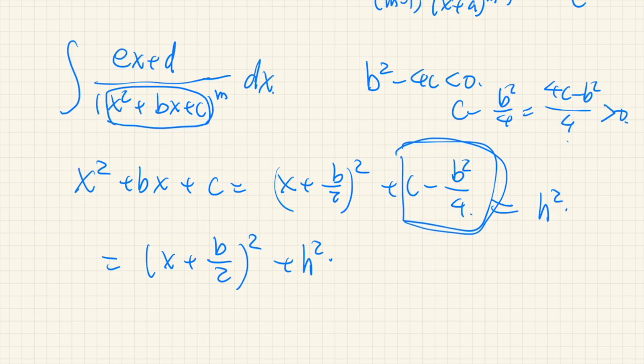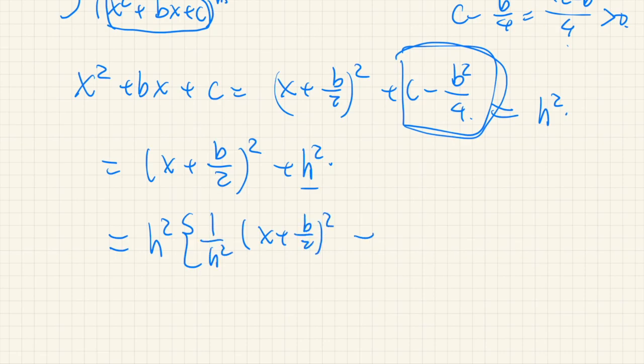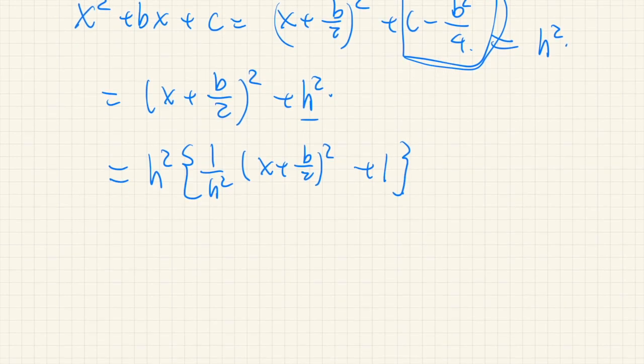And from here, let's factorize this h squared. We have h squared times, wait a minute, 1 over h squared times (x plus b over 2) squared plus 1. Now let's substitute z equals (x plus b over 2) over h.